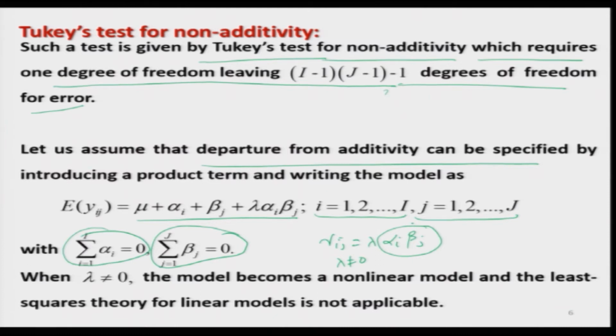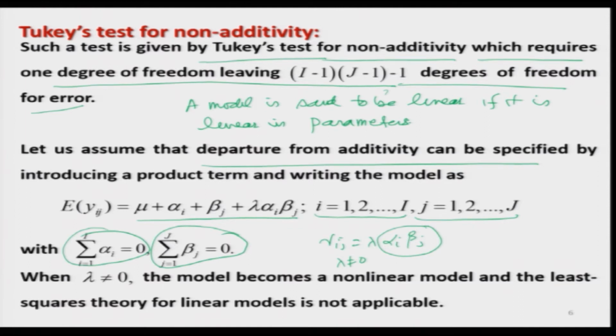We have learned in the theory of linear models and linear statistical inference that a model is said to be linear if it is linear in parameters, right. Sometimes people get confused that it is linearity with respect to the variables.